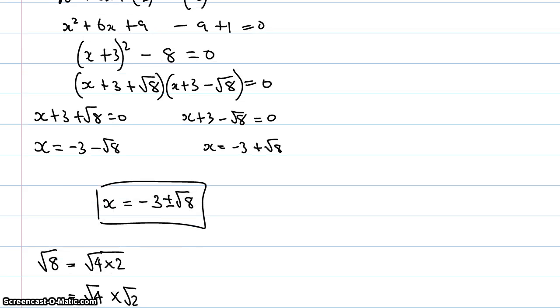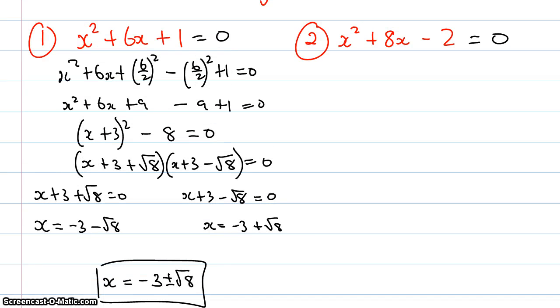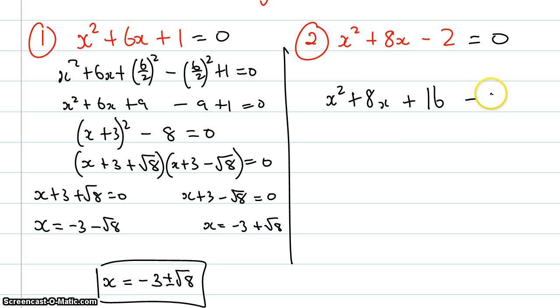Okay, so I'm going to do the next couple of questions a little bit quicker, because hopefully you remember completing the square, and it's not too bad for you. So here I'm just going to jump to this step. I'm going to say that's x squared plus 8x plus 8 over 2, which is 4, and then 4 squared is 16, minus 16 minus 2 equals 0.